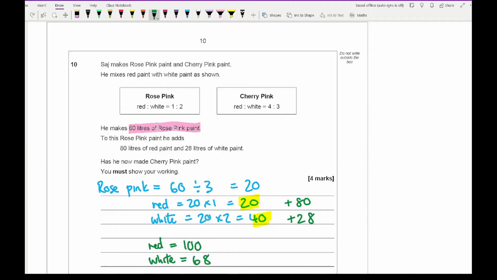Now, if I just work over here, this is my red and this is my white, which is 68. I need to see, does this ratio fit in line with this ratio here? So again, what I'm going to do is divide both by 2, so I've got 34 rather.